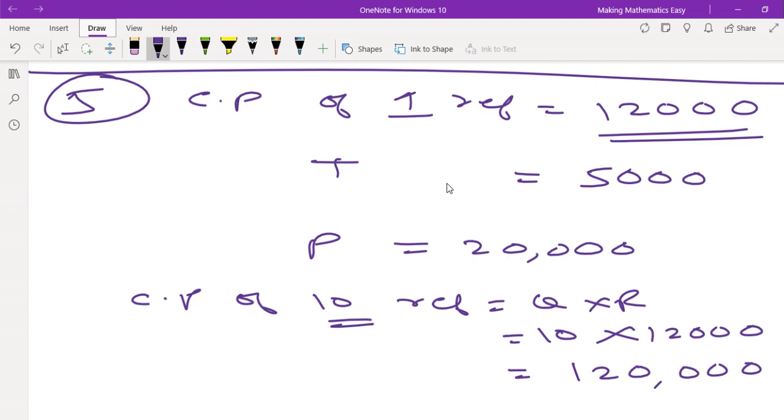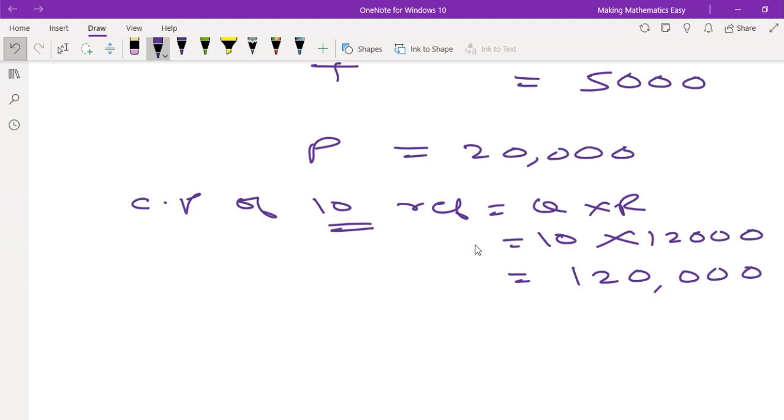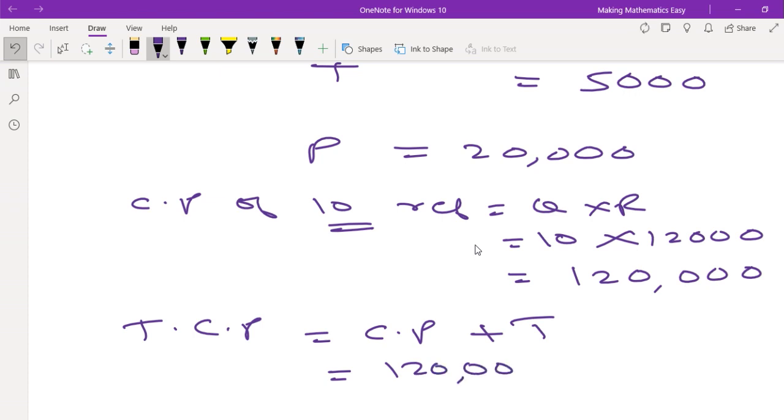So after purchasing 10 refrigerators, he paid 1,20,000 rupees. But there is transport also, so we need to add that. The total cost price is the cost price of refrigerators plus transport, which is 1,20,000 plus 5,000, which will be 1,25,000 rupees. So this is your cost price.